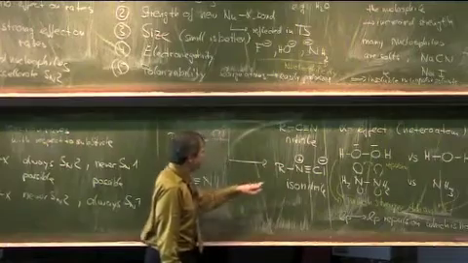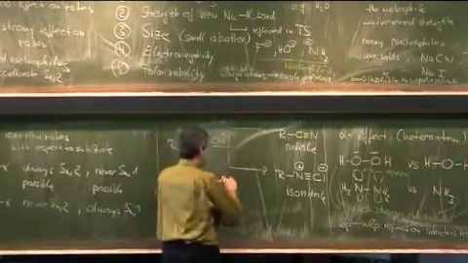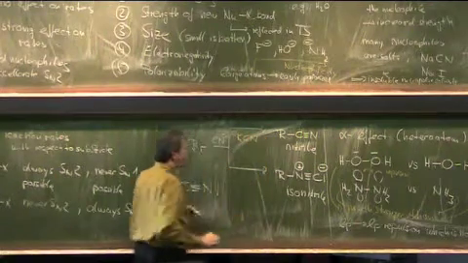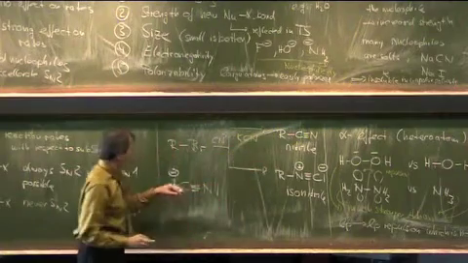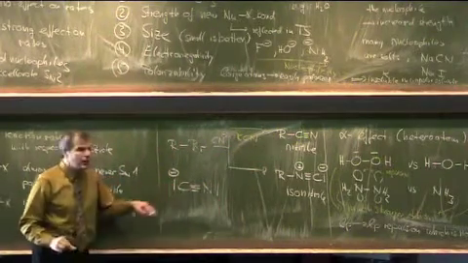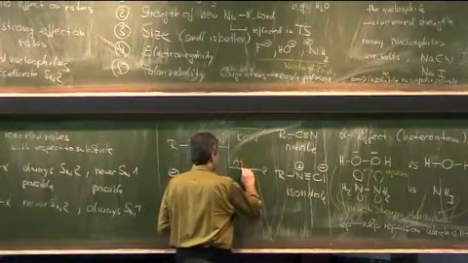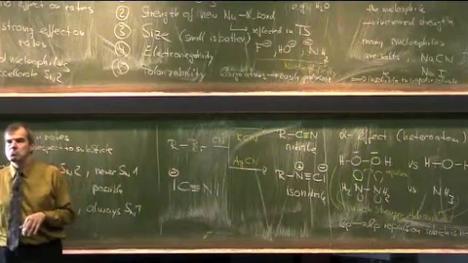Okay? And interestingly enough, both of them can form, and it depends on our cyanide source. So potassium cyanide gives the reaction on carbon. Silver cyanide gives the reaction on nitrogen.